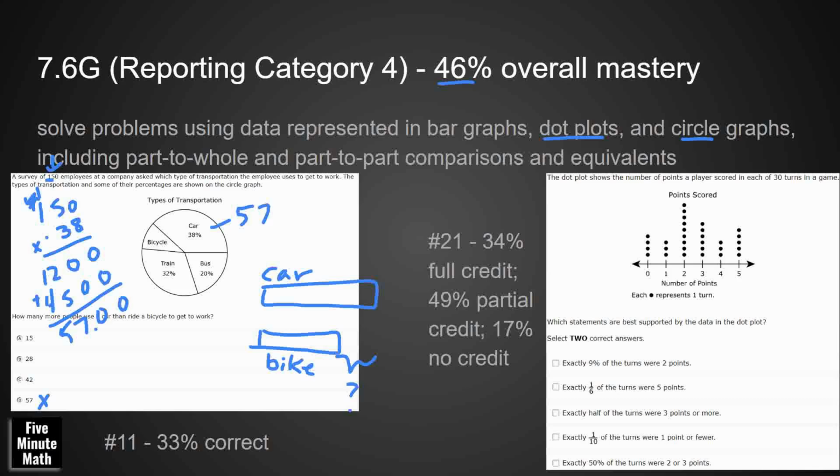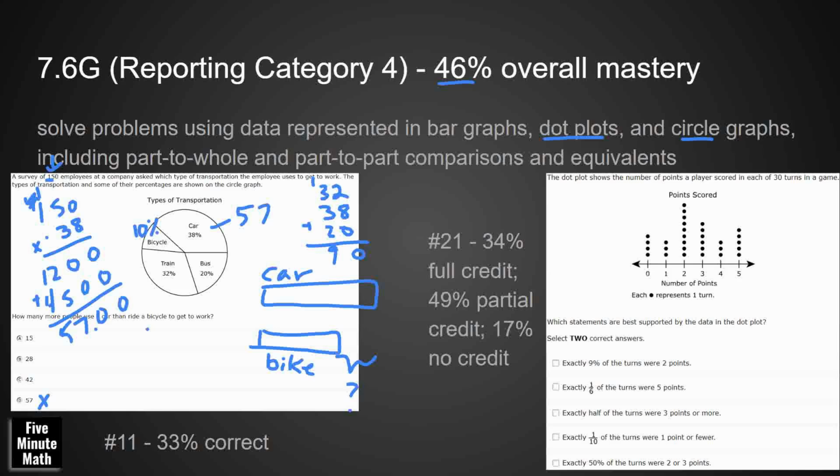Now I need to figure out bicycle, but there's no percentage by bicycle. Okay, so what I need to do is I need to add up the percentages and subtract from 100, knowing that 100 is my whole. So what is 32 and 38 and 20? That's 90. All right, so this is 10%. But that's a percent. So now I need to take 10% of 150.